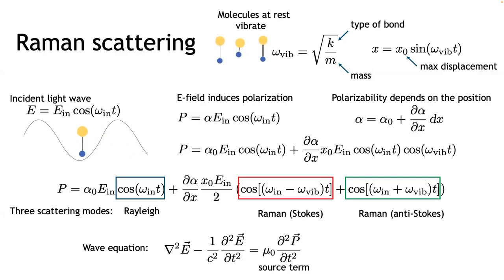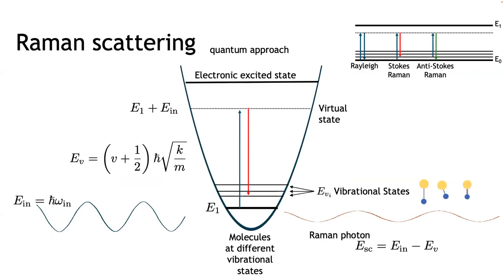Now, all of this is classical. We can look at it from the quantum approach, which is a little bit cleaner. And we can see that different modes of vibration correspond to different vibrational energy states. When the photon is incident, it excites the whole system at a higher energy state that then relaxes back to one of these vibrational states.